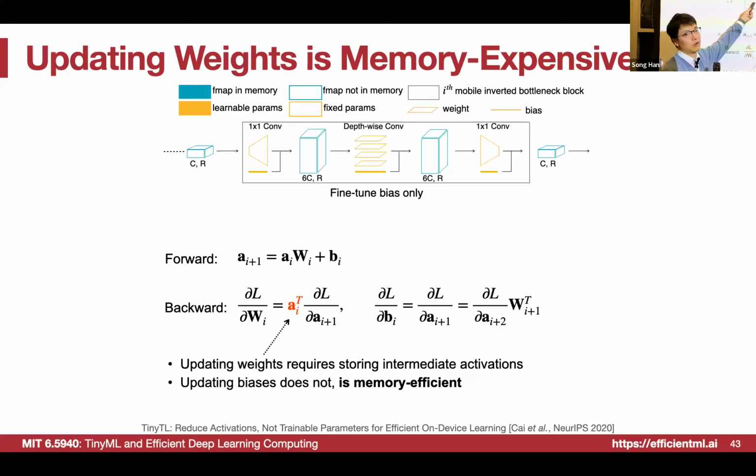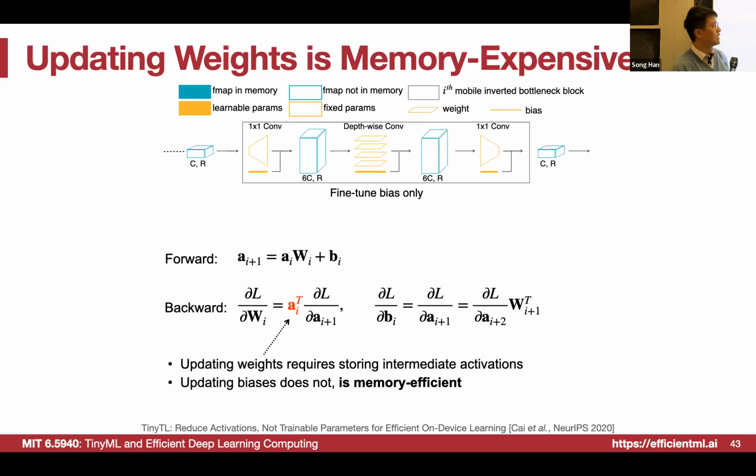So it's from small to large number of channels. And immediately you get a 6 times C. Originally you have C by resolution, C is the number of channels. Since you have an expansion ratio of 6, the activation channel is expanded by 6 times. Pass through another depth-wise convolution, you get another 6C by R, followed by another 1-by-1 convolution that projects from 6C to C. So that's one block of the inverted bottleneck.